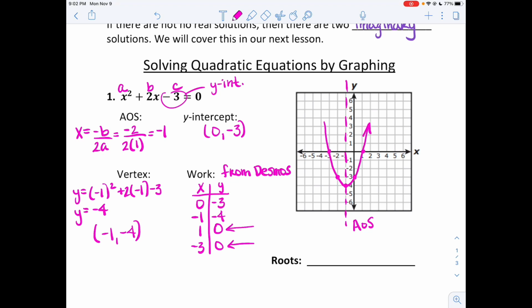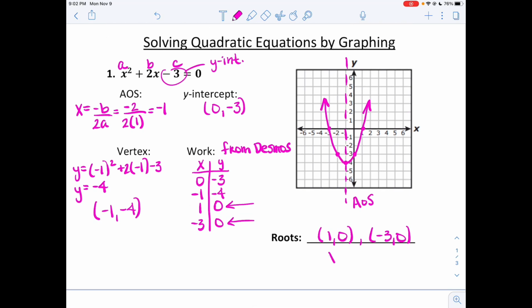And at the same time, we can note those 2 points as being the points where our roots or our solutions occur. So 1, 0 and -3, 0. Or if you wanted to write them in x equals form, it would be x equals 1 and x equals -3. So those are the solutions for this particular graph in this problem.